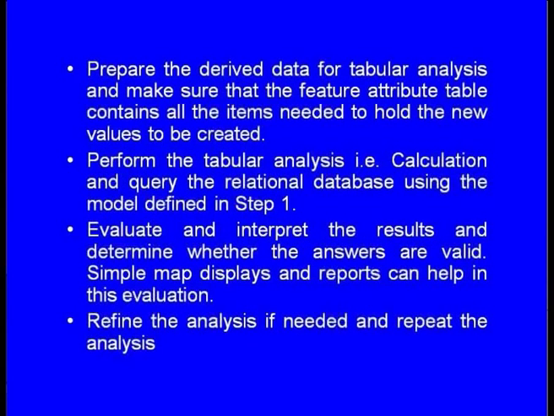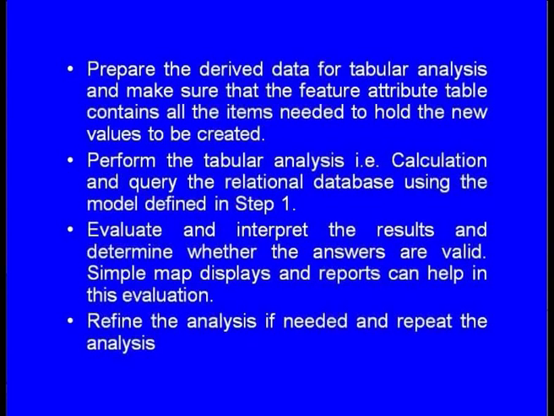Fourth, prepare the derived data for tabular analysis and make sure that the feature attribute table contains all the items needed to hold the new values to be created. Fifth, perform the tabular analysis, that is calculation, and query the relational database using the model defined in step 1.